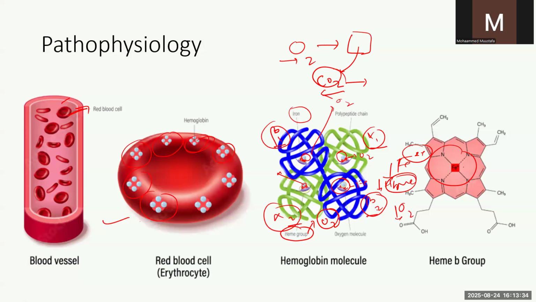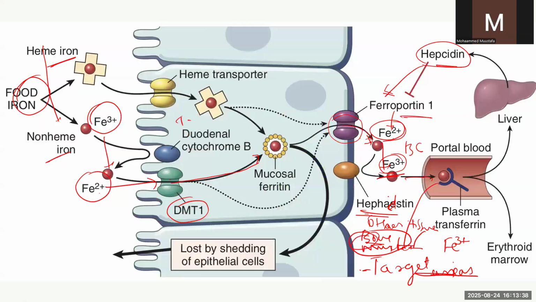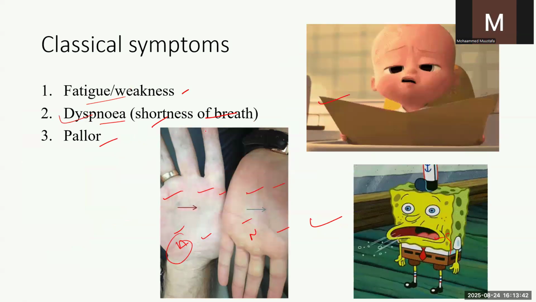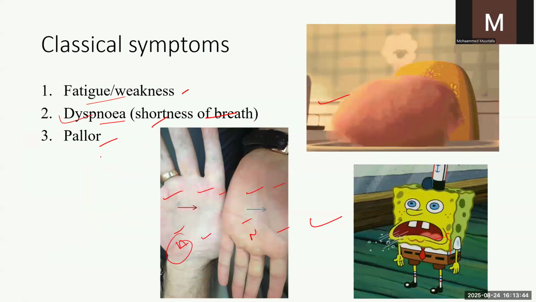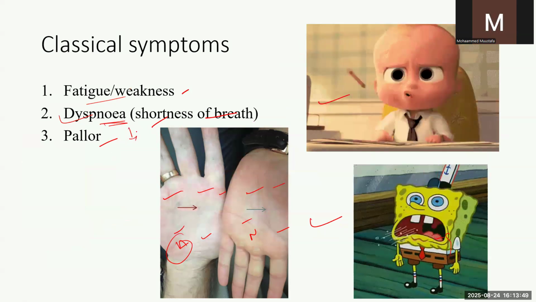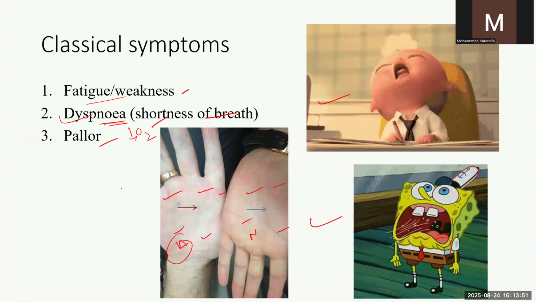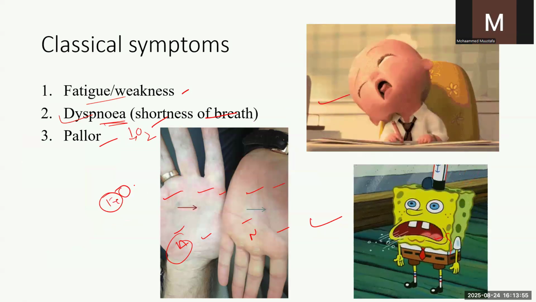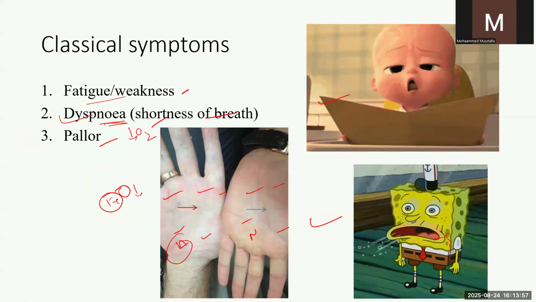This causes a hypoxic condition, also breathing difficulty. We had seen in the classical symptoms of anemia, dyspnea, that is breathing difficulty. You understood why there is dyspnea: that is because of decreased oxygen level. Why? There is no iron to bind with oxygen. Ultimately there will be a decrease in the oxygen.